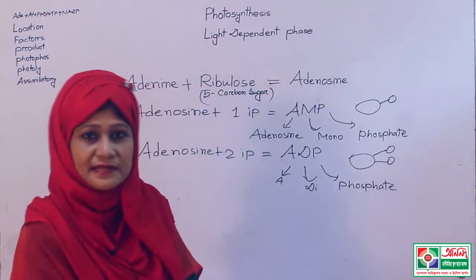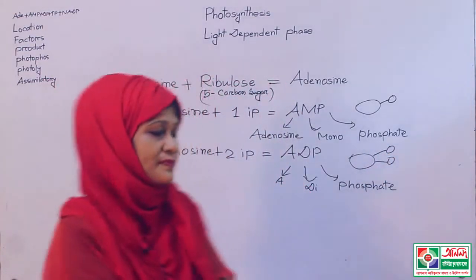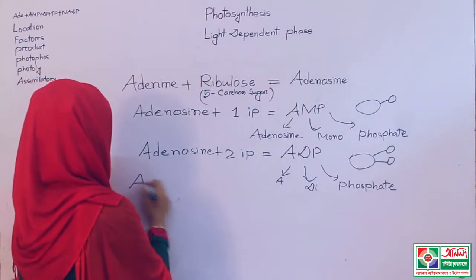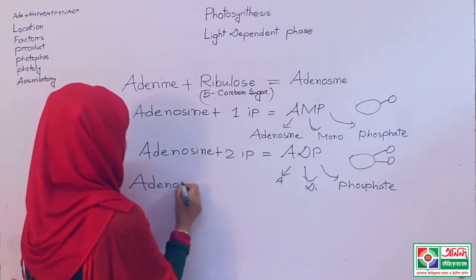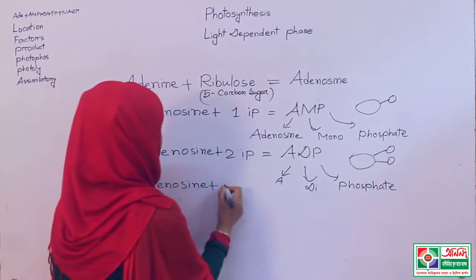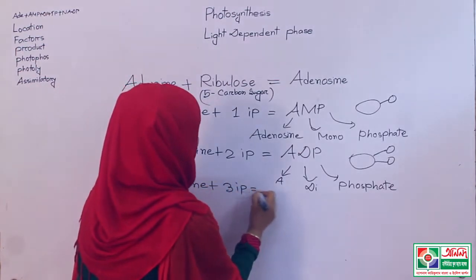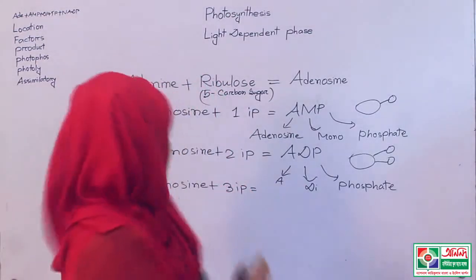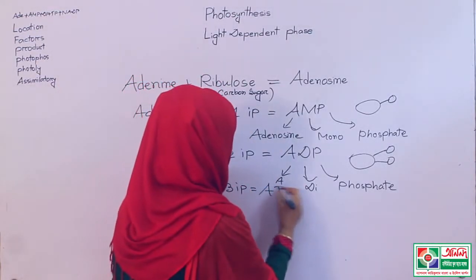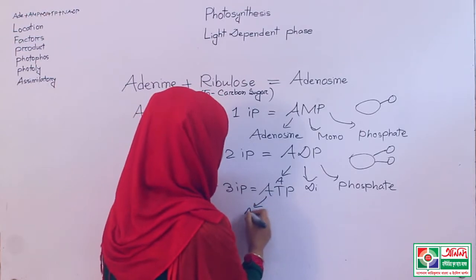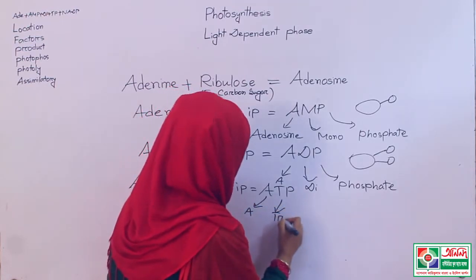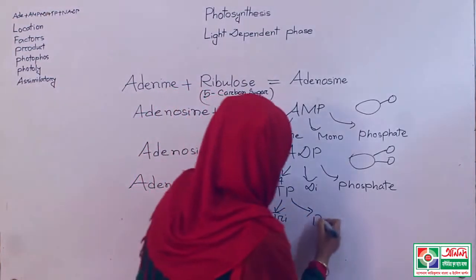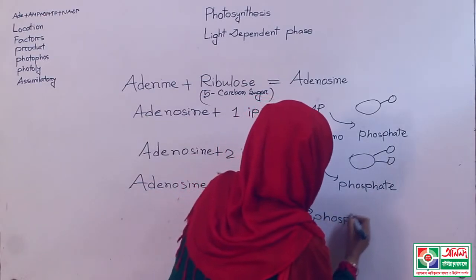This is adenosine diphosphate, di means 2. Again adenosine plus 3 inorganic phosphates. What happens? ATP or adenosine triphosphate. ATP. A means adenosine, T means tri, that means 3, and P means phosphate.